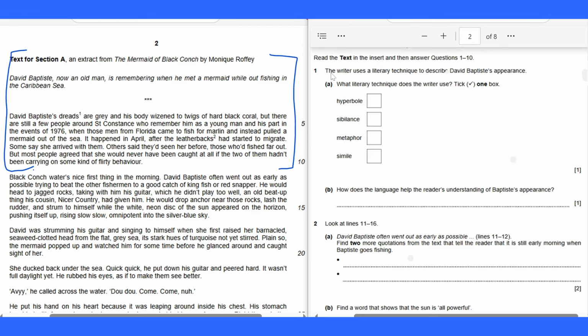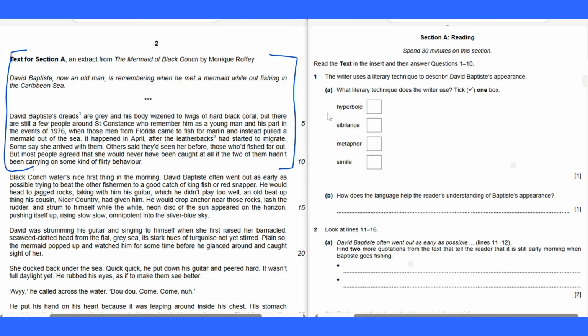Question number 1. Read the text in the insert and then answer question 1 till 10. The writer uses a literary technique to describe David Baptiste's appearance. Question 1a. What literary technique does the writer use? Tick one box.